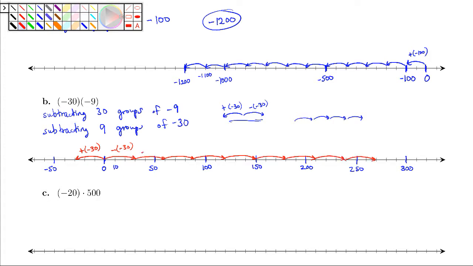So this is subtracting negative 30. Okay, so then the answer would be negative 30 times negative 9 is positive 270.